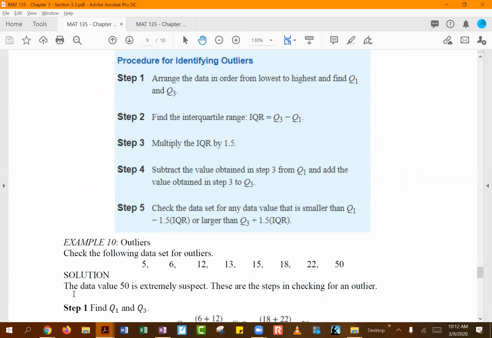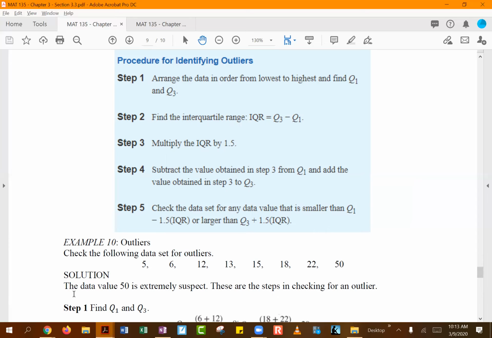So they're talking about how you can actually identify if your data set has an outlier. A lot of times your outliers don't necessarily have to be so out of bounds that it's obvious to us that we have an outlier. So start by arranging your data in order, find your quartile 1 and quartile 3, which means you can also find your interquartile range.